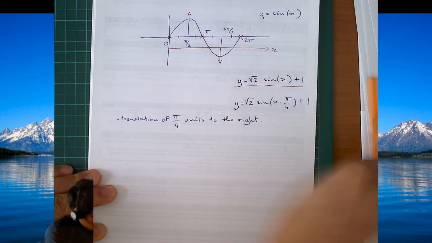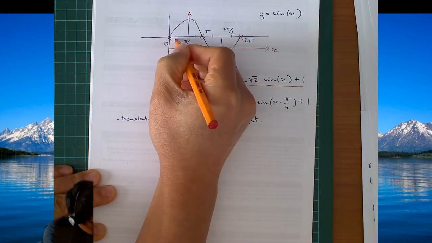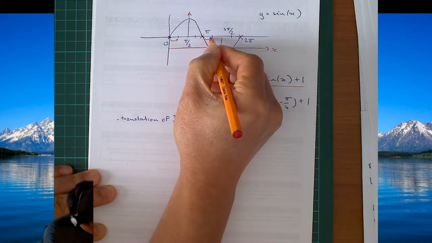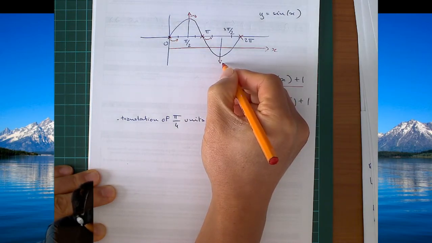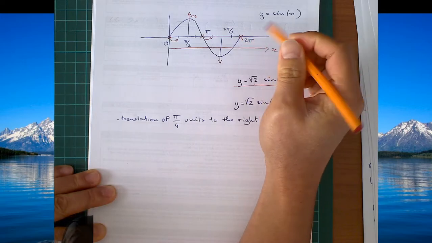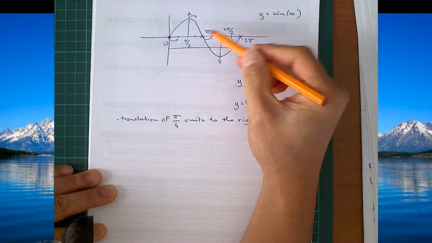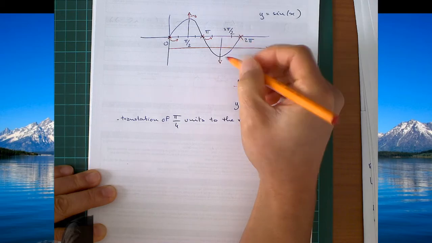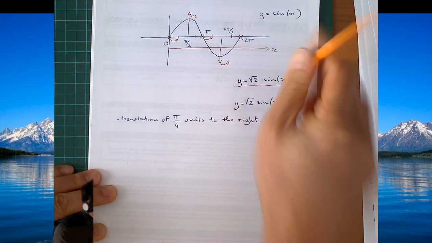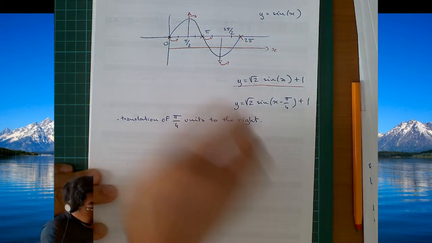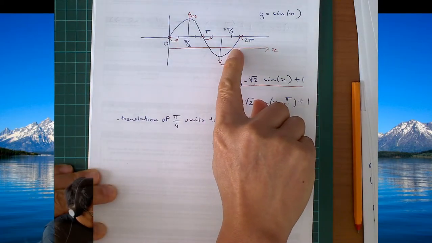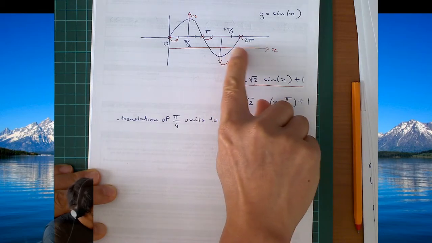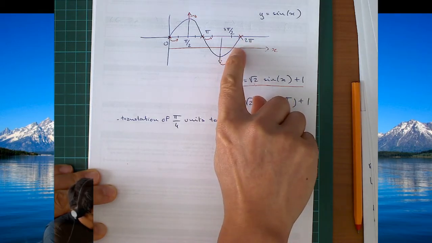And all you need to do is shift this to the right, that to the right, and you do the same with the maximum. Hang on, what's that value here? That's right, that's 3 pi on 2, so that's going to shift over here. Okay, now as you shift it to the right, somewhere this point here is going to shift over here.